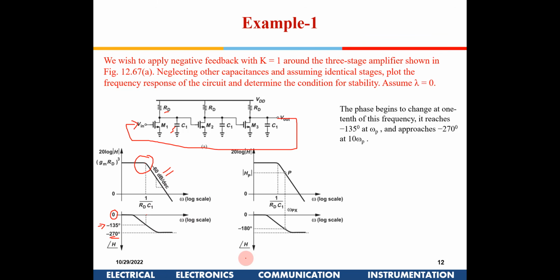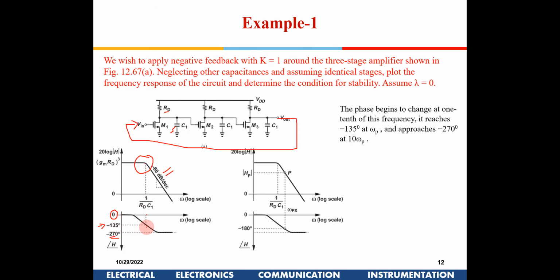The last one, can you explain again? See, the maximum it can go, since it is three poles, is 270. Okay. And at that resonant frequency, okay, for one pole it is 45, but since there are three poles, now it will be 3 into 45. Okay.